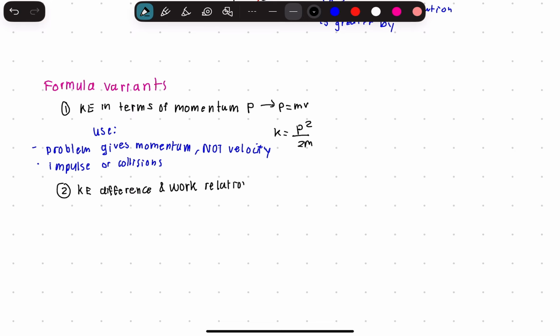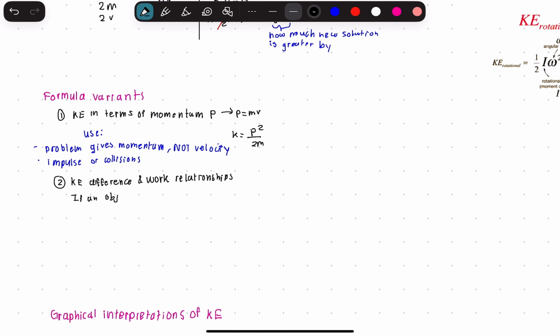So, this variant is for when an object's speed changes from v initial to v final.